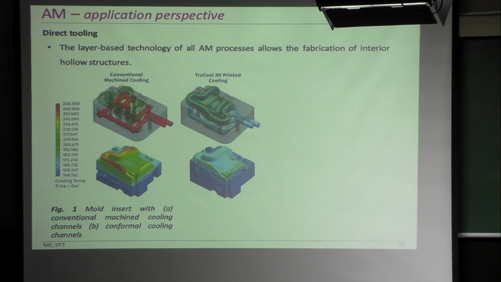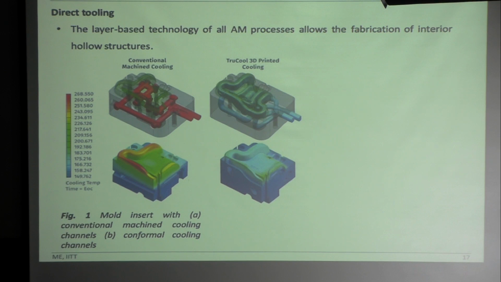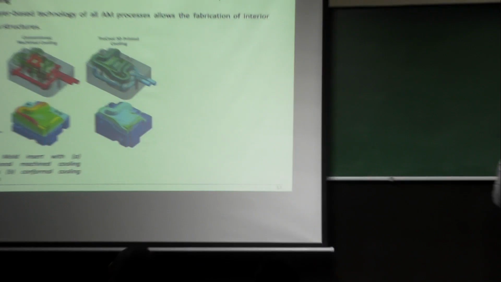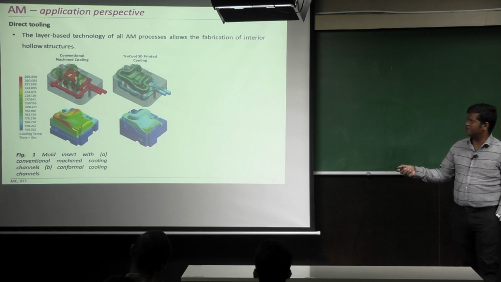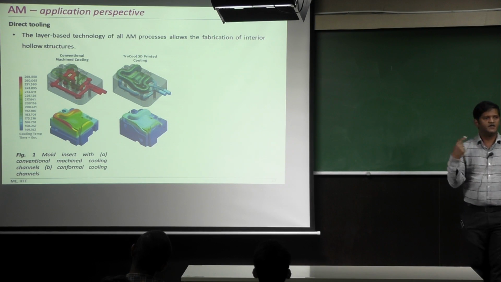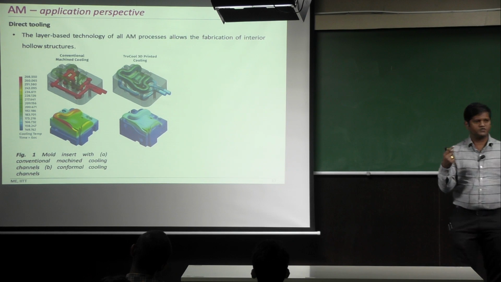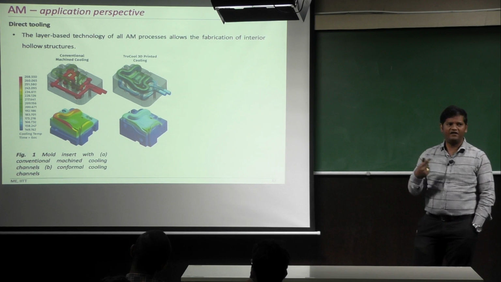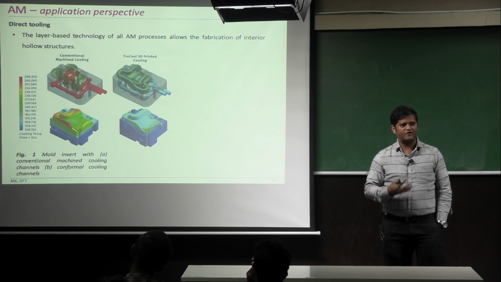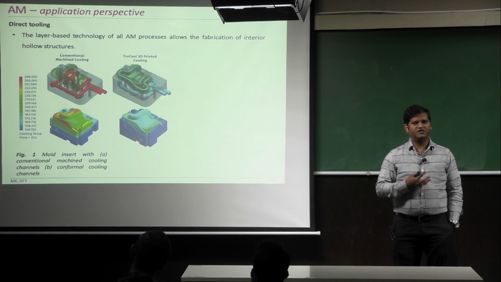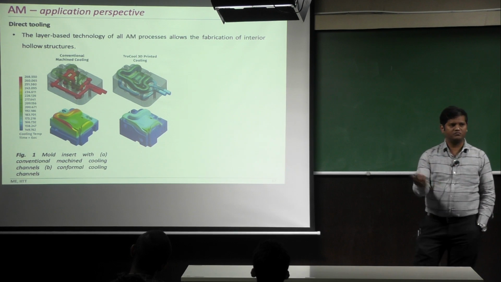So one more important application of this direct tooling is to make very complex dies having conformal cooling channels. If you want to make this die with conformal cooling channels, it is very difficult to do by conventional process. On the other hand, with the AM process, we can comfortably manufacture the dies with complex conformal cooling.